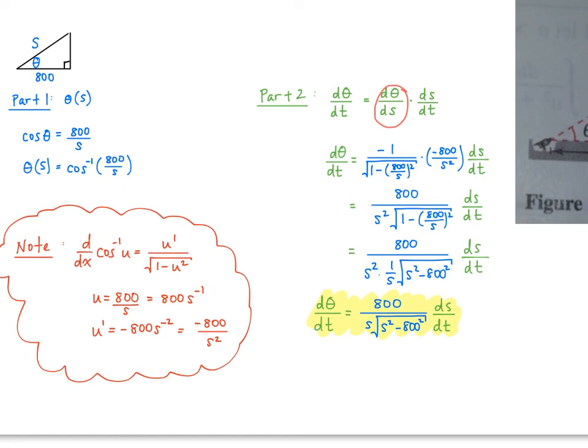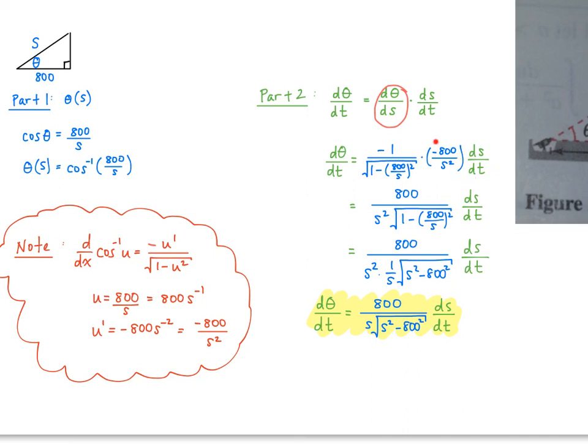And I made a mistake, I apologize, this should be a negative out front there, okay? So going back, we get negative 1 over the square root of 1 minus that u squared times the derivative of u, which we said was negative 800 over s squared. And then we have ds dt.